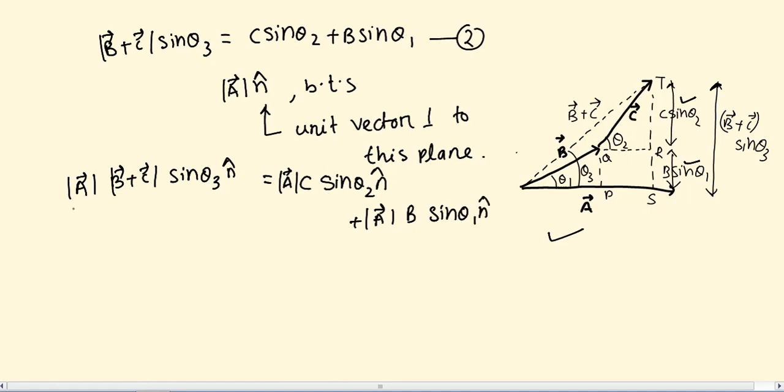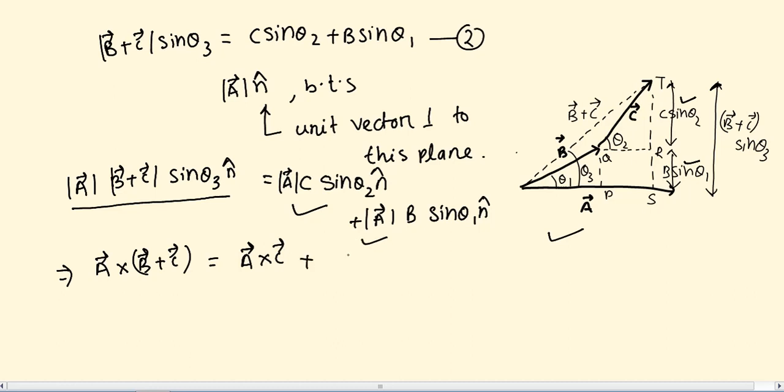So now if you see carefully, this expression represents the cross product of A vector and B plus C vector. This expression represents the cross product of A vector and C vector. This expression represents the cross product of A vector and B vector.